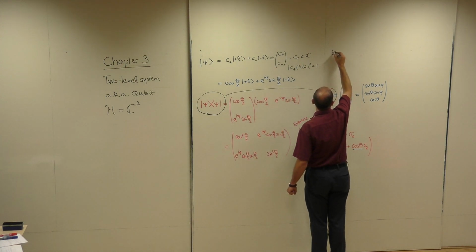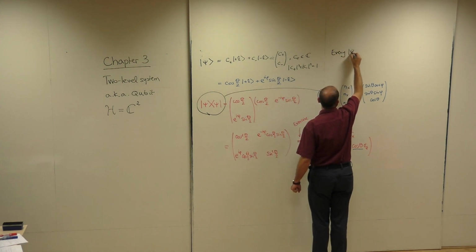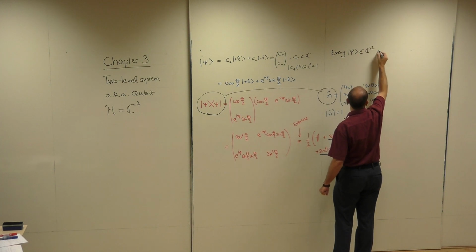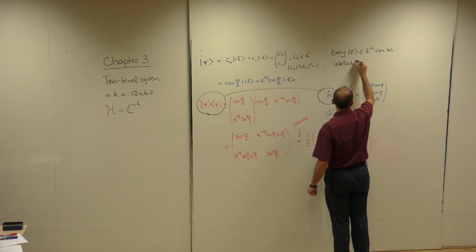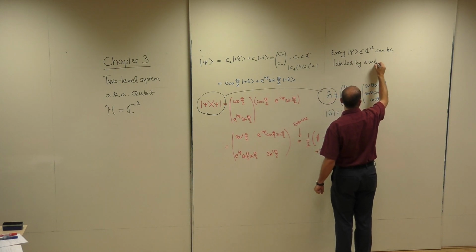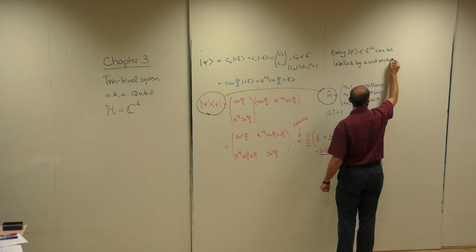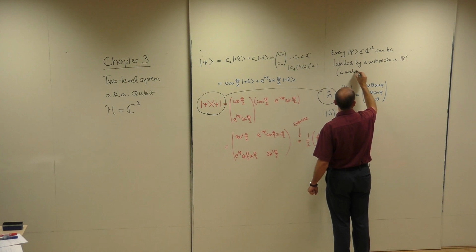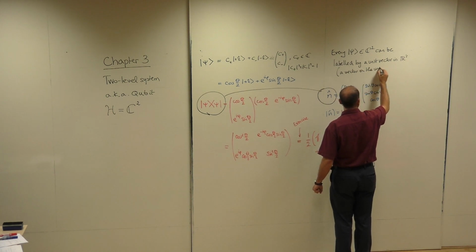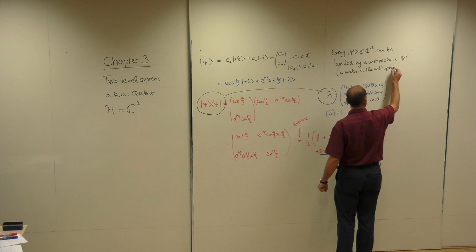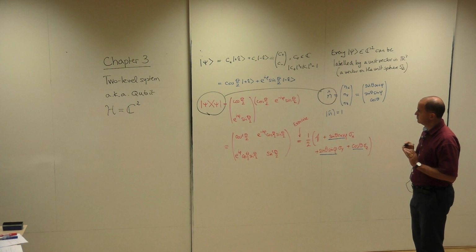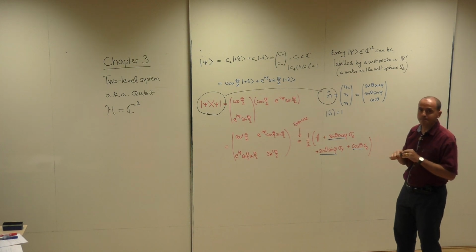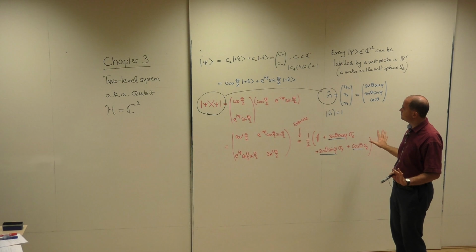Every psi in C2 can be labeled by a unit vector in R3, in other words, a vector on the unit sphere S2. Okay? This is a mathematical result.